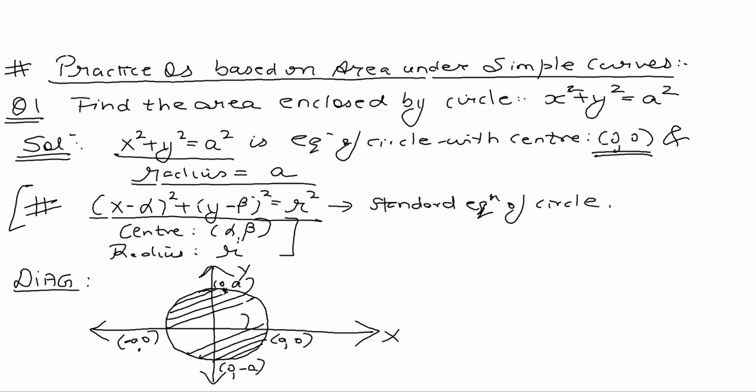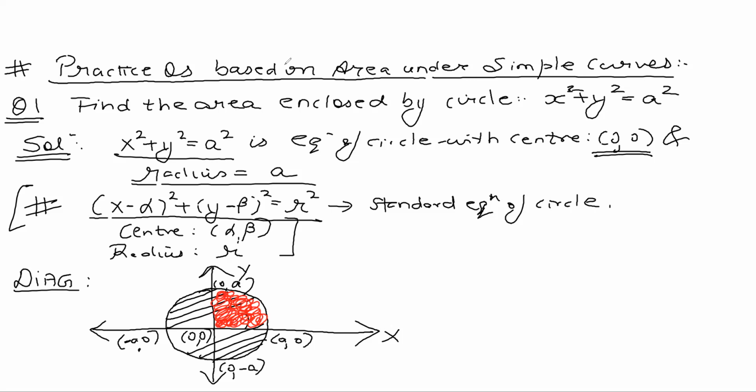So we can find this red shaded area, because all of us know they are all symmetric. So if I find this red shaded area and if I multiply it by 4, I will get the area of the whole circle, right?